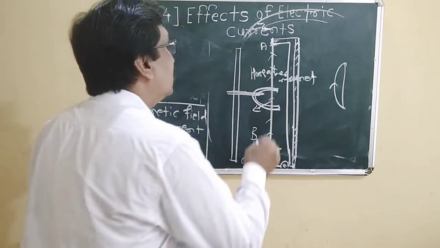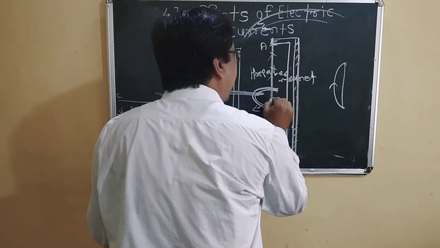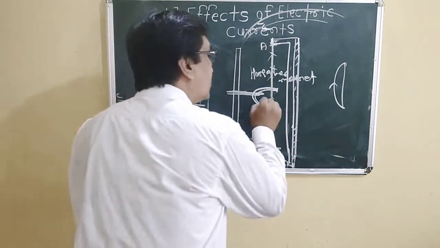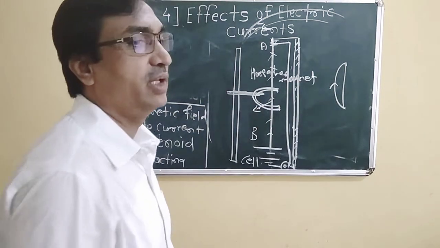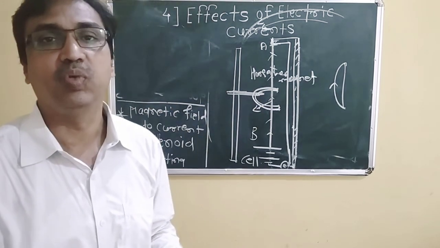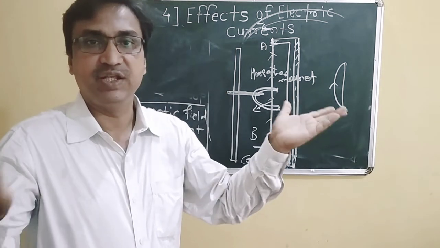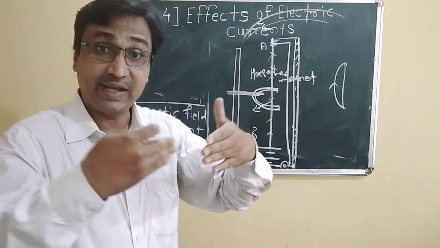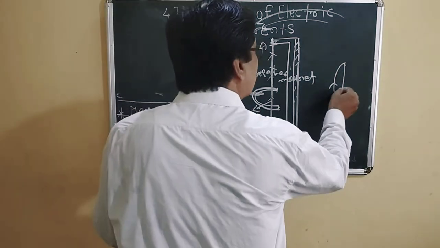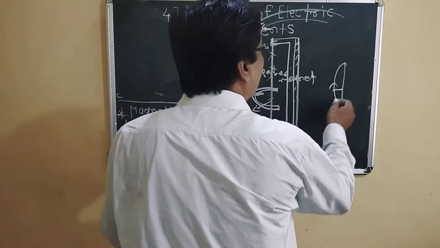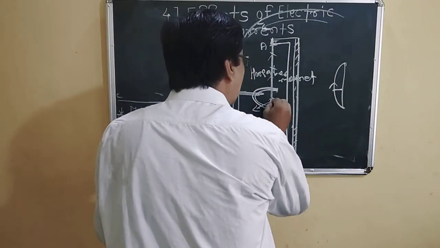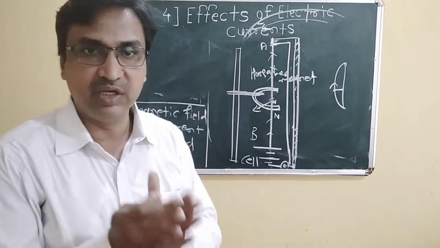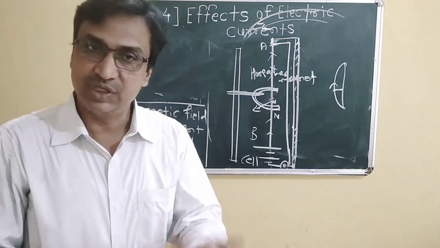So the magnetic field near the current carrying conductor and the horseshoe magnet, if their polarities are the same, they repel each other, and if their polarities are opposite, they attract each other. That means it bends towards the left-hand side due to attraction between the N pole or S pole, whatever it may be.